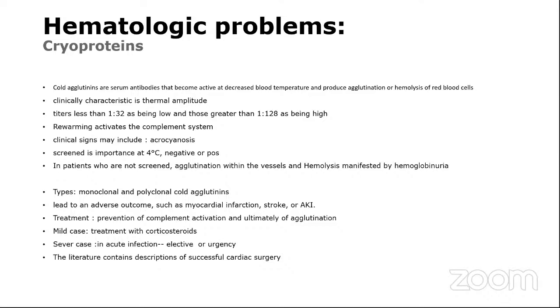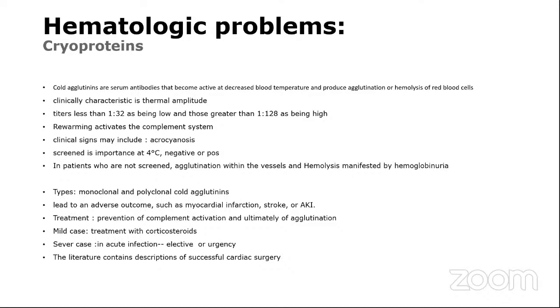Also, we have to have low flow, and this will help where the blood does not reach the non-coronary collaterals, and it will not cool and cause agglutination.